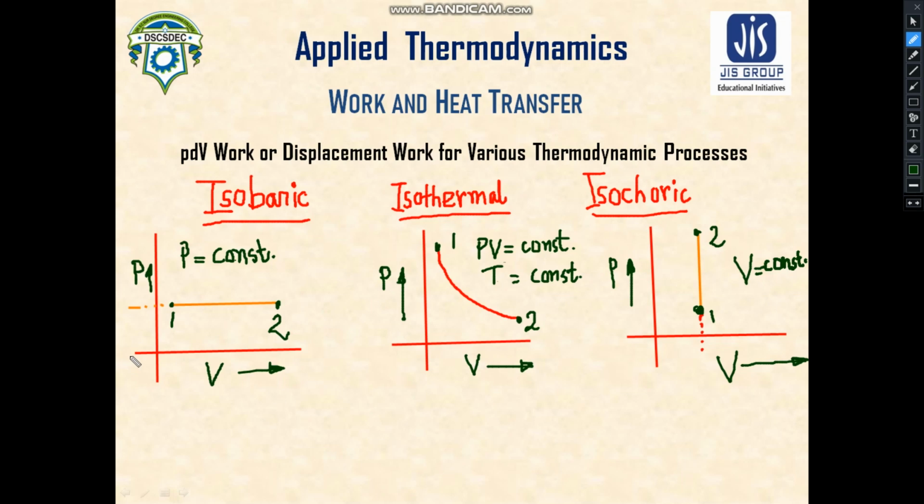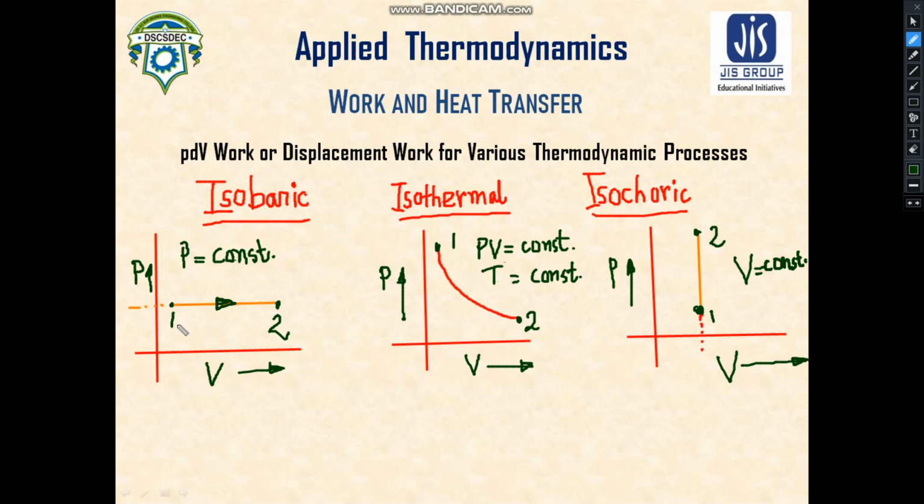This refers to the constant volume process. Now our objective is to calculate the PdV work for all of these three processes. So let us start with isobaric, then we'll go on to isochoric, and then we'll move on to isothermal. Isothermal will take a little bit of time, so we'll do it in the later part. Now let us consider this process 1 to 2.